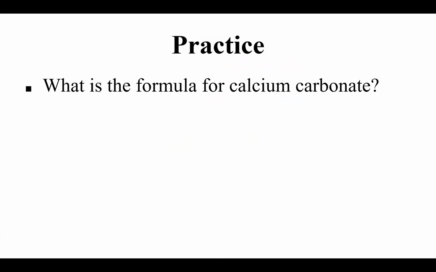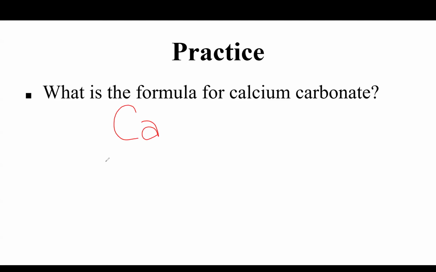So, if I asked you what the formula for calcium carbonate is, we look at the periodic table and we see that calcium is in the second group. So it has a charge of 2 plus because it loses those 2 valence electrons.